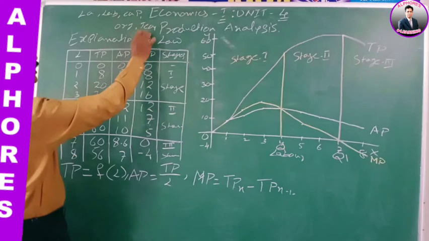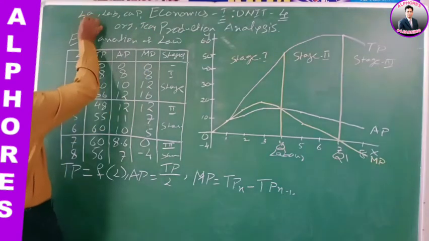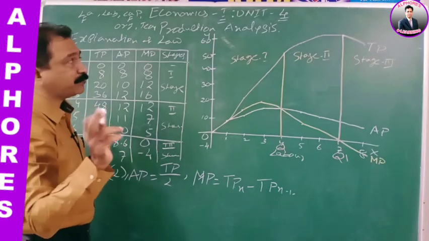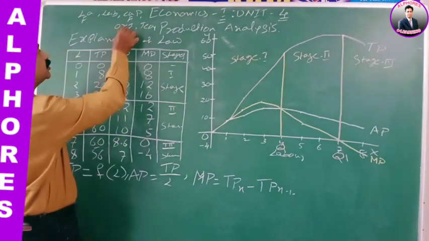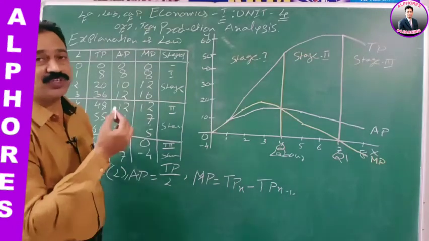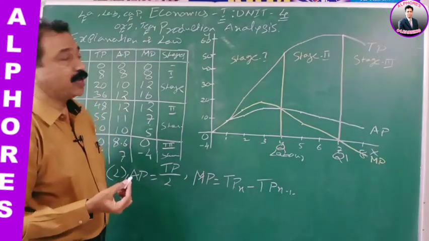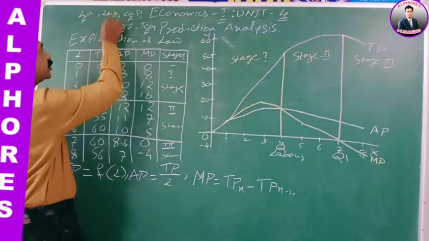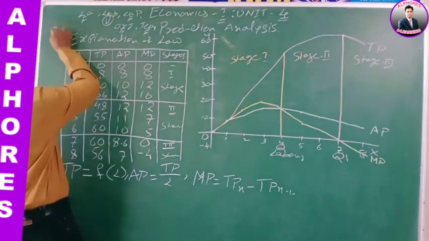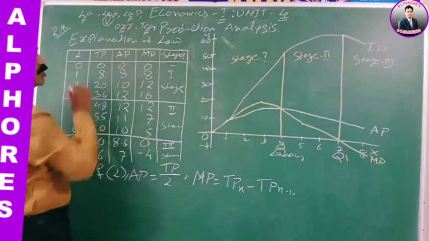Out of these 5, land is fixed, capital is fixed, which cannot be changed in a short period, are called as fixed. Organization is fixed and technology is fixed. In a short period we cannot change these 4 factors, but labor can be changed in a short period. Along with that, even raw material also can be changed in a short period.